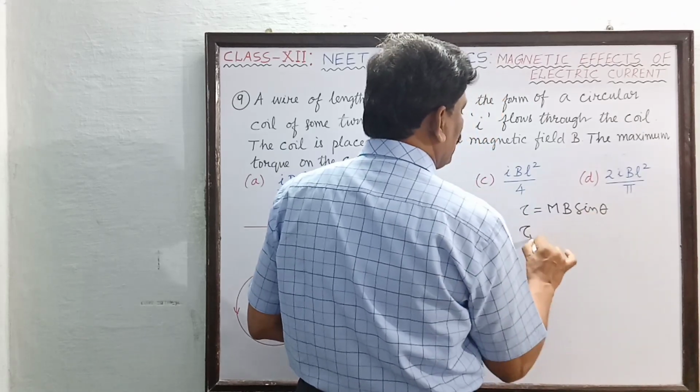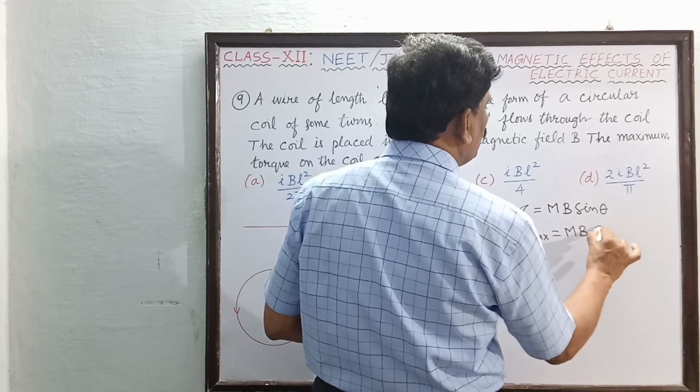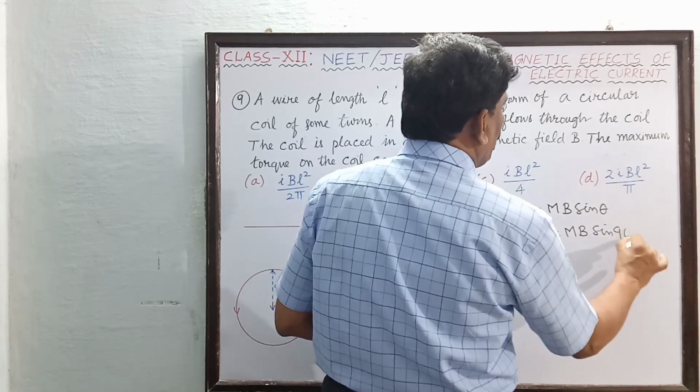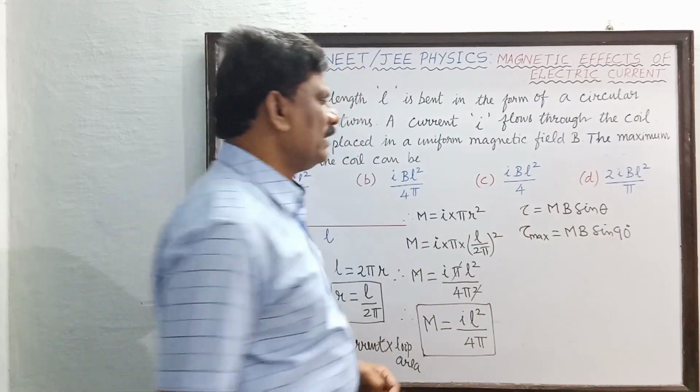For maximum torque, tau maximum is equal to M into B into sine 90. Sine 90 is equal to 1. Is it not?